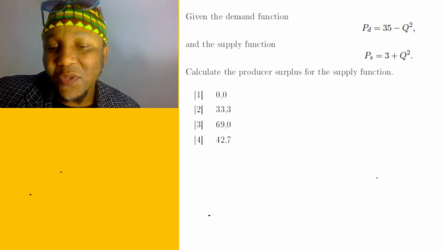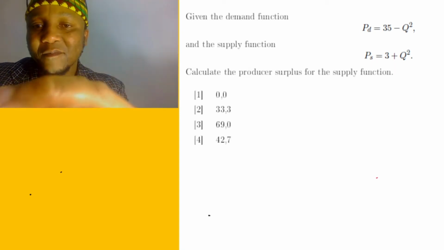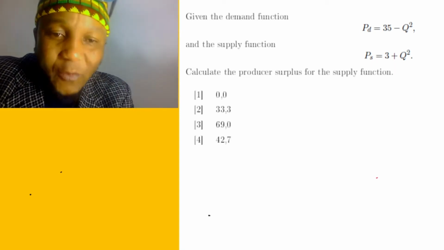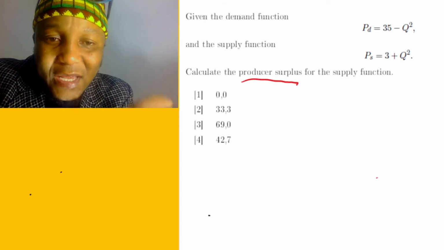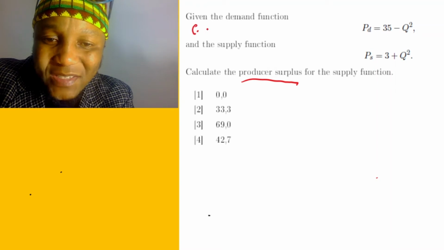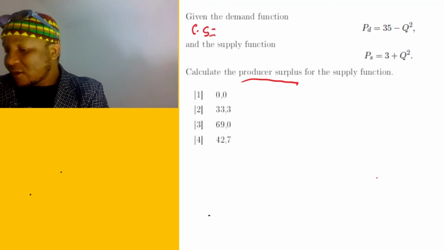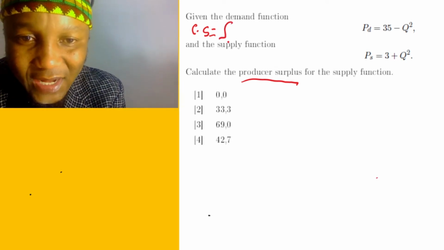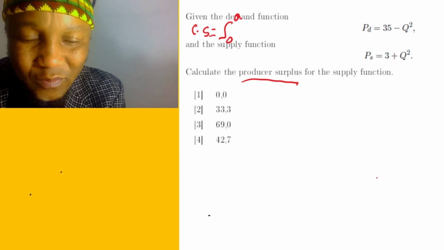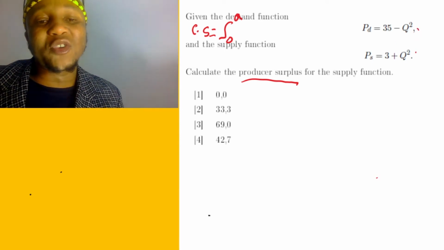So for now, let's just focus on producer surplus. We have a formula, right? The consumer surplus formula, even though it's not part of the question, I'll just show you. For consumer surplus, you integrate from 0 to Q. Q means you have to equate these two and then get the value of Q, which I'm going to show you.